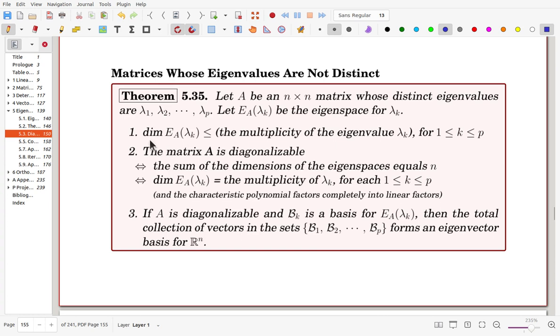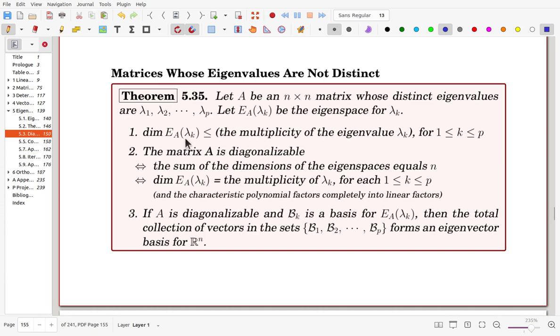The dimension of the eigenspace is less than or equal to the multiplicity of the eigenvalue lambda k. That means for each eigenvalue, the eigenspace dimension is at most the multiplicity.